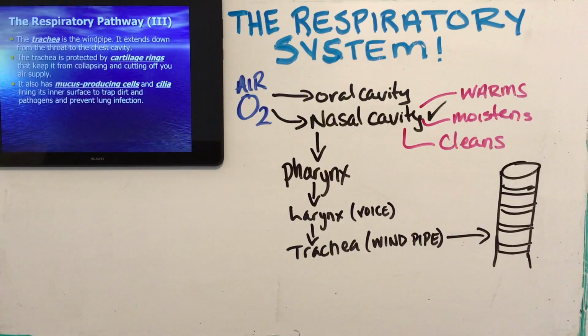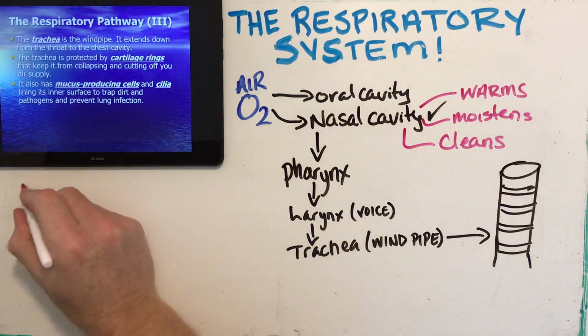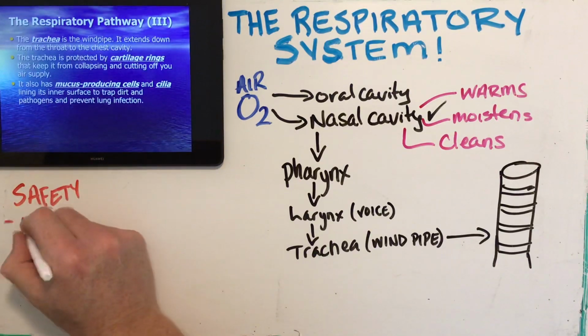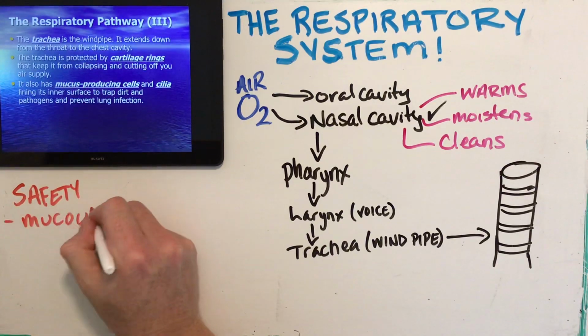The trachea also has mucus-producing cells, right? What mucus does is, again, it's a sticky material, and it traps bacteria and dirt and other types of pathogens from getting deeper into the lungs, right? So in terms of safety, and I guess I'll do safety in red, we know there's mucus.